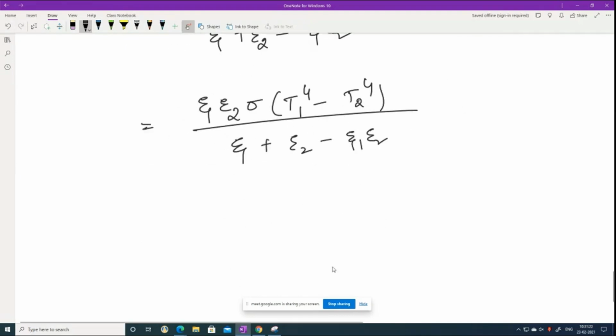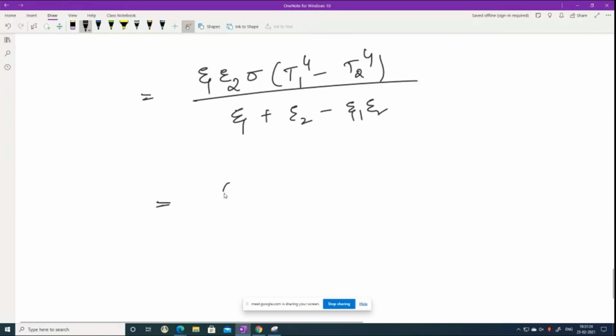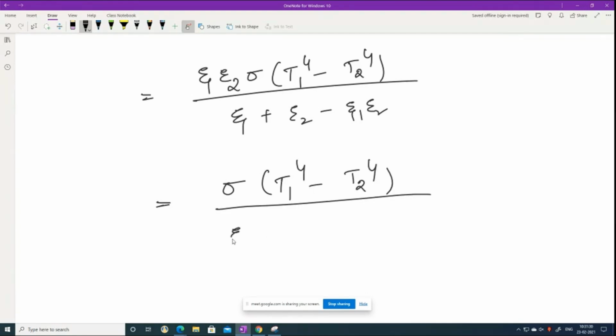This is what you will get. If you further simplify it, sigma into T1 to the power 4 minus T2 to the power 4, divided by, if I take epsilon in the denominator, 1 by epsilon 1 plus 1 by epsilon 2 minus 1. This will be your expression.